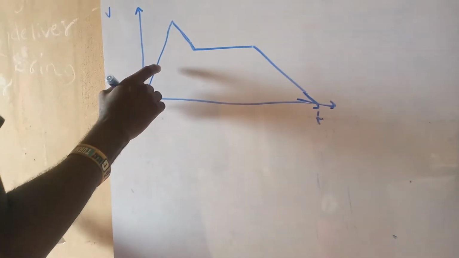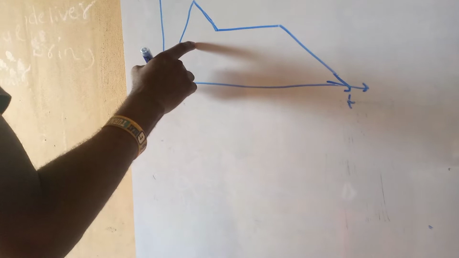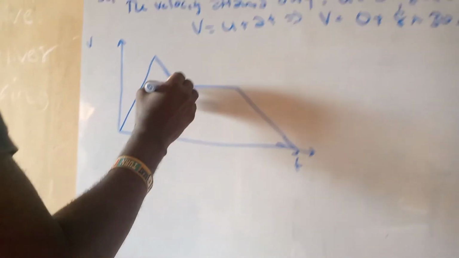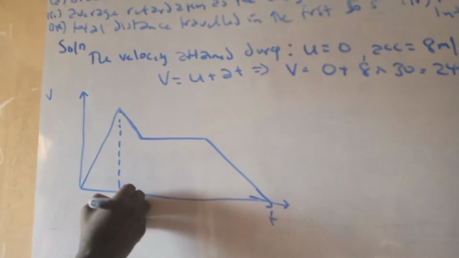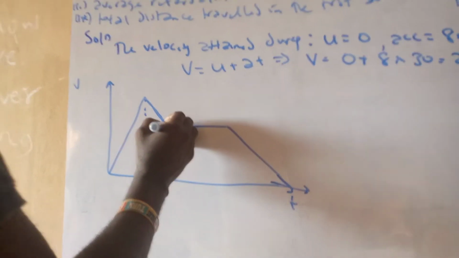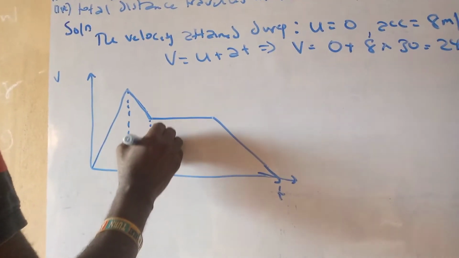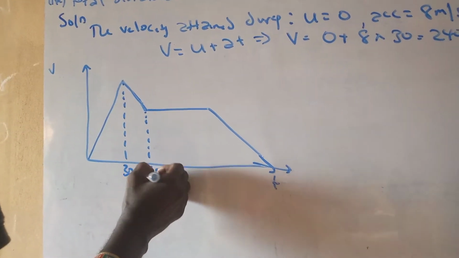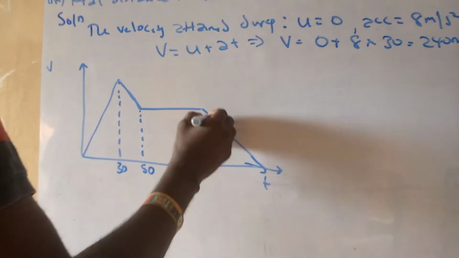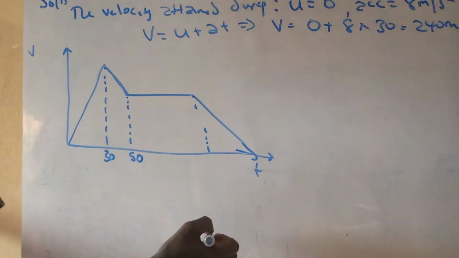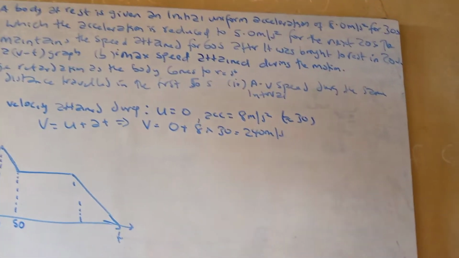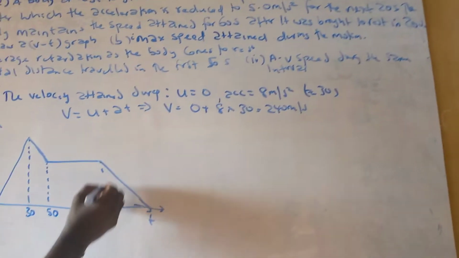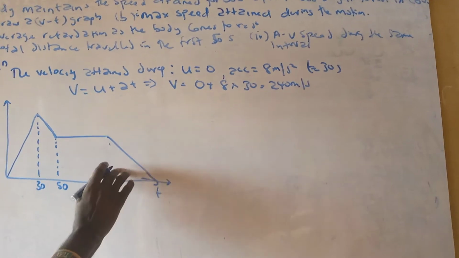The acceleration is reduced to 5 meters per second squared for the next 20 seconds. The first part is 30 seconds, then another 20 seconds, and 20 plus 30 is 50. The body maintains the speed attained for 60 seconds, and 60 plus 50 is 110.